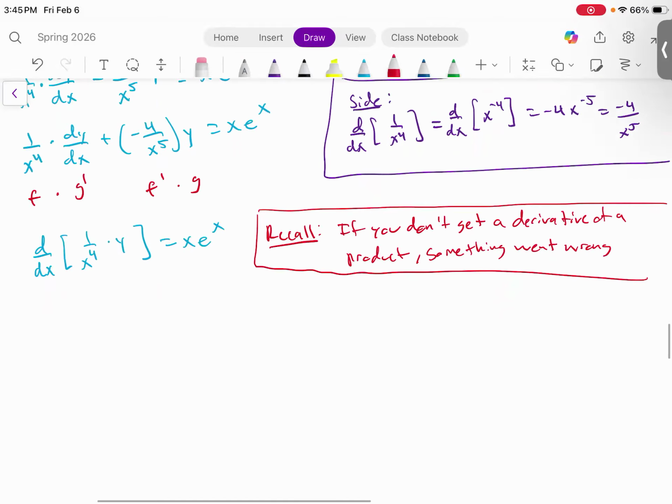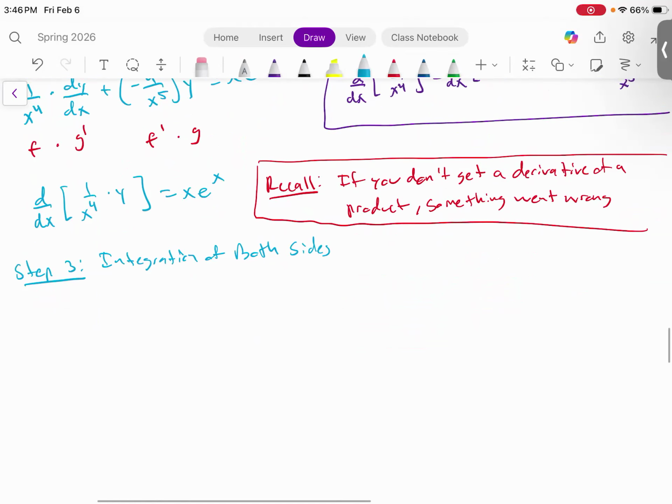Okay, so this is what we have now, and then we move on to step 3, which is integration of both sides. Okay, so here I have d over dx, just rewriting it, x to the fourth times y, x e to the x.